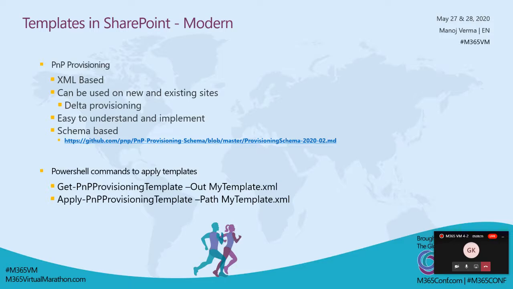So if you have a site that you have created and you like it, and you want to use that site as a template, you can extract the template by using Get-PnPProvisioningTemplate into an XML file. And then you can start using that XML file as your template for all the new sites that you're going to create. And all your sites that will be provisioned using that template will look exactly the same.